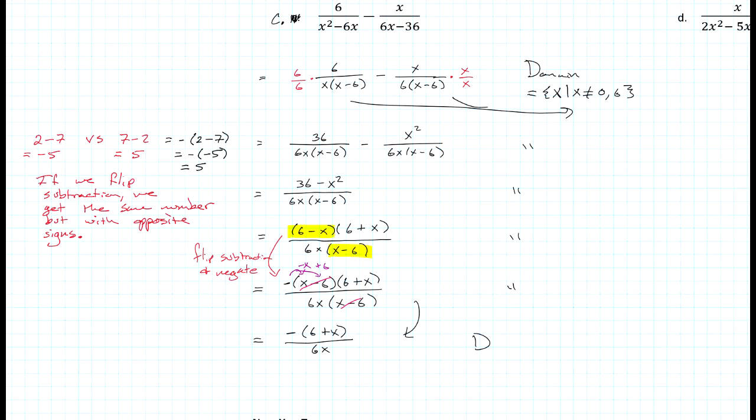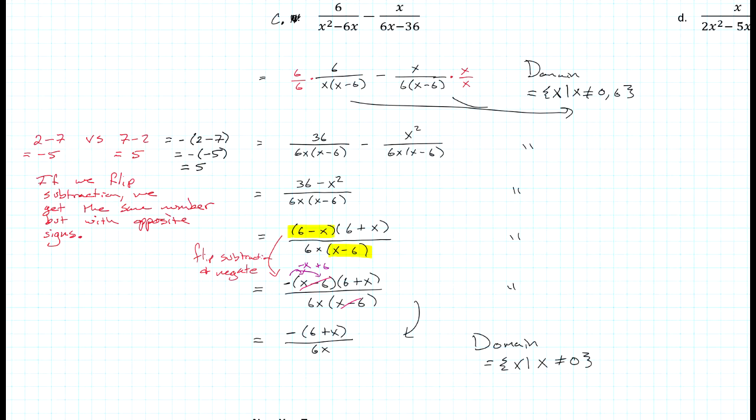the domain does change since we canceled the x minus 6. And we'll get the domain equals the set of x such that x cannot equal 0 only. The restriction of x not being able to be 6 before is no longer there.